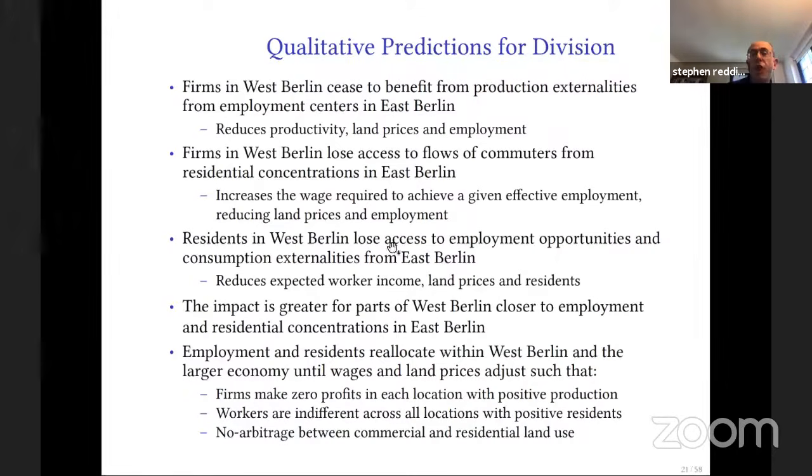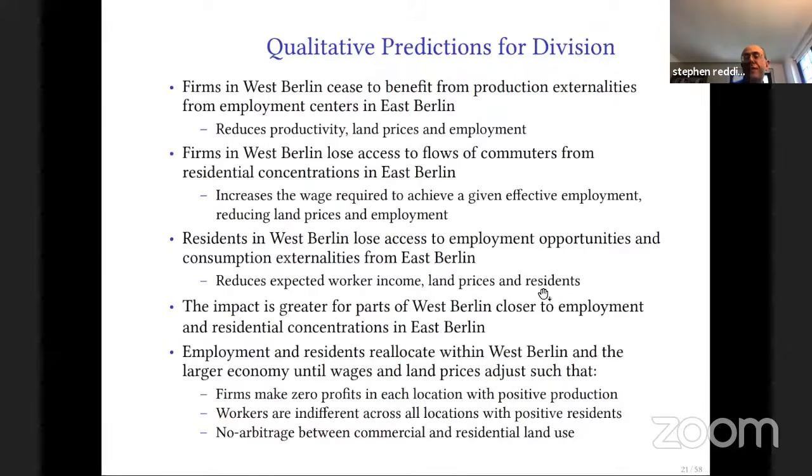Residents in West Berlin are also going to lose access to employment opportunities in East Berlin. They can't go and work there anymore. And they're going to lose agglomeration externalities in residential decisions. What's that going to do? Well, it's going to reduce their commuting market access and their expected income, and it's going to make it less attractive to live in West Berlin. So it's going to reduce the number of people who live there.